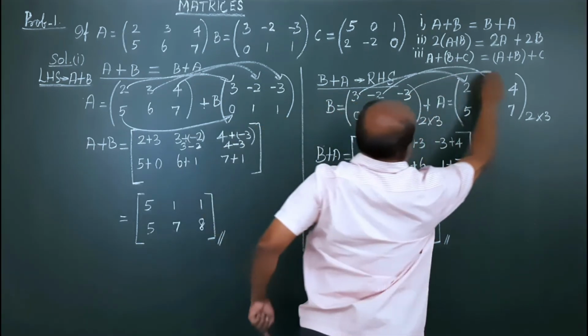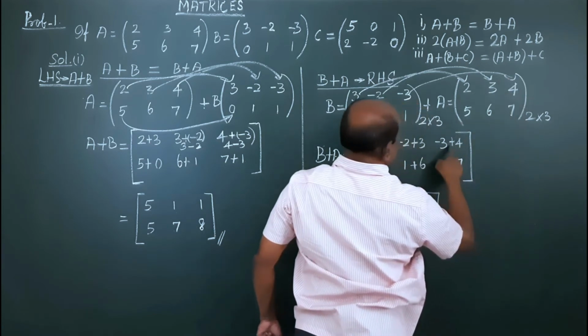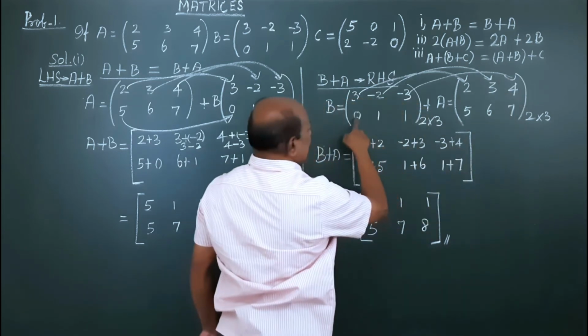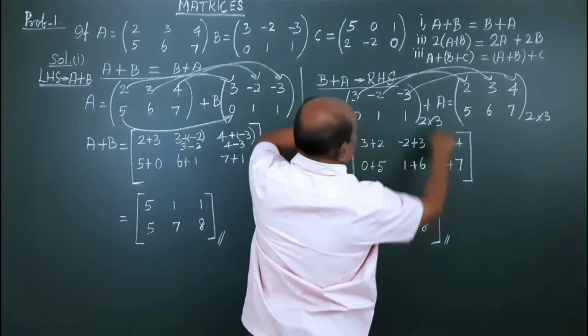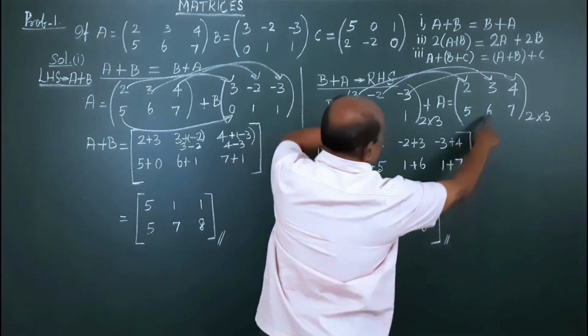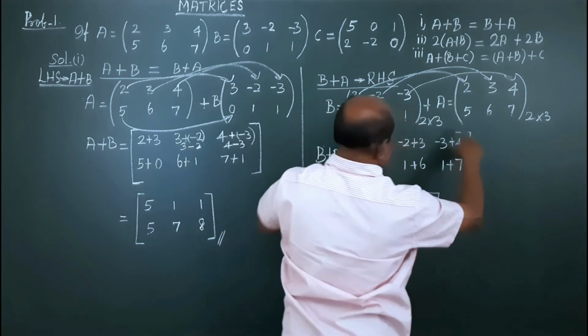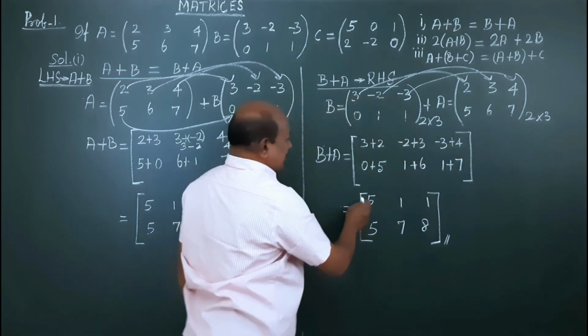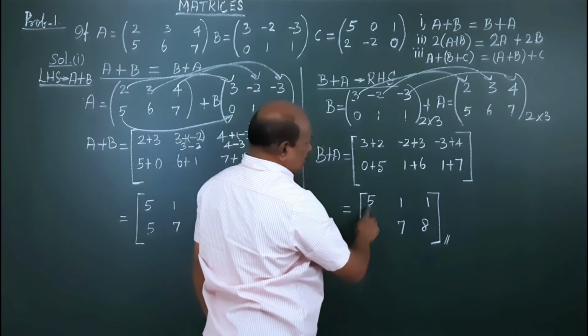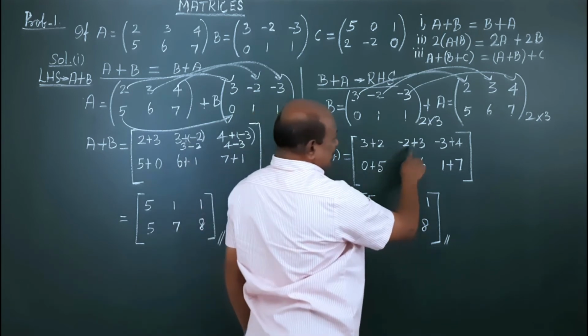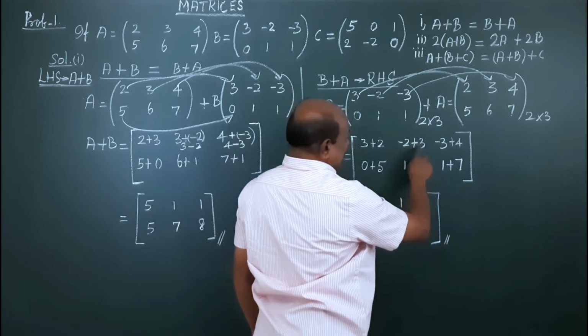Like that, minus 3 plus 4. Here 0 plus 5, 1 plus 6, 1 plus 7. Now it is equal to 3 plus 2 equal to 5. Here minus 2 plus 3. There is a different symbol.